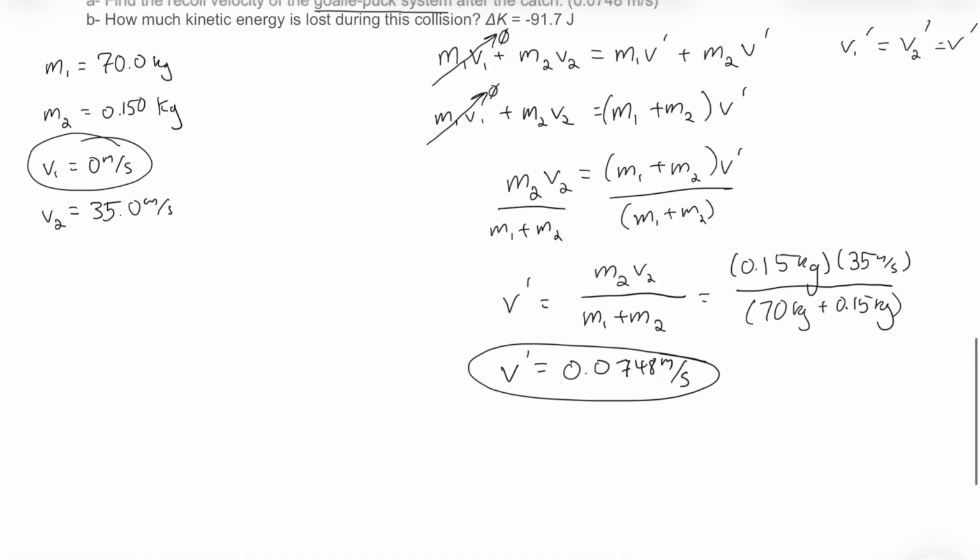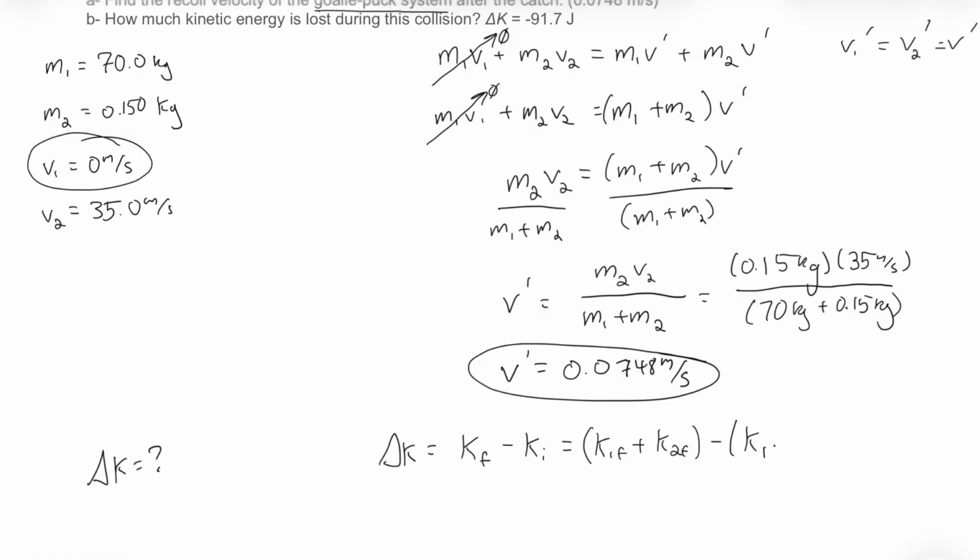And then finally, we can figure out how much kinetic energy is lost during this collision. Our change in kinetic energy will be our final kinetic energy subtracted by our initial kinetic energy. We can separate that out into the final kinetic energy of object 1 plus the final kinetic energy of object 2, minus the initial kinetic energy of object 1 combined with the initial kinetic energy of object 2.